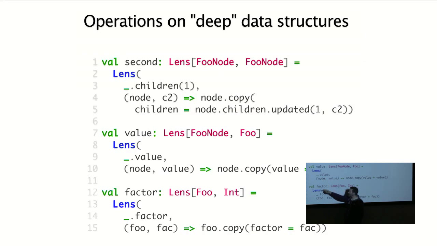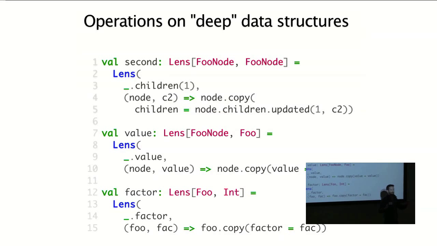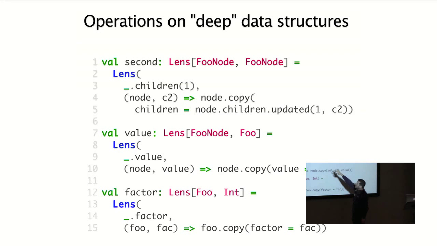And if I want to address the factor field of my foo class, that's a function that takes a foo to an int, and the getter for that would be just foo.factor. So the first argument is the getter, just like you would write in Java. And then the second one is the other one.